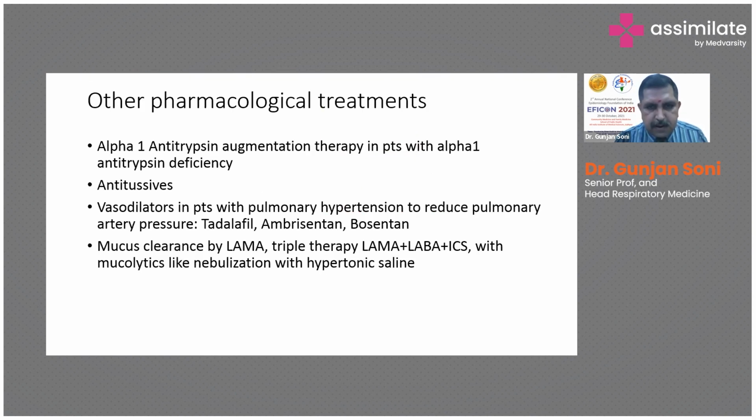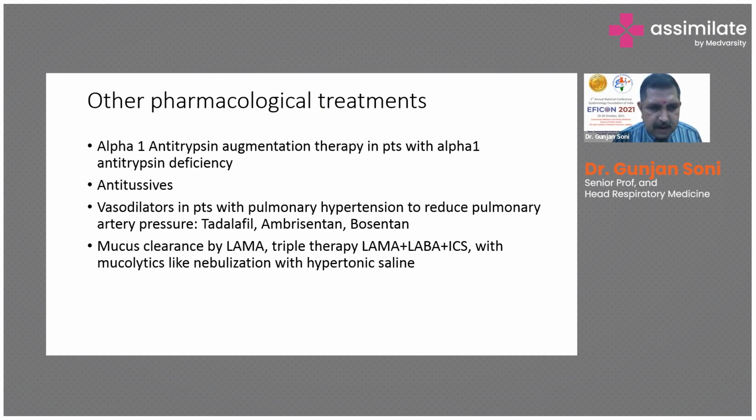Other pharmacological treatment such as alpha-1 antitrypsin can be supplemented when we have the titer that the disease is due to the deficiency of alpha-1 antitrypsin. We can use the antitussive, but it is better to avoid these antitussives. Only in the irritating cough, we can use the antitussives.